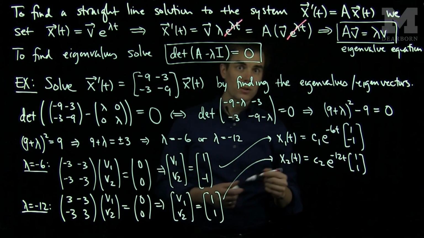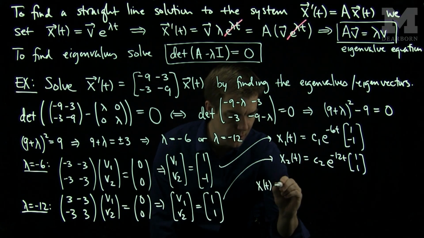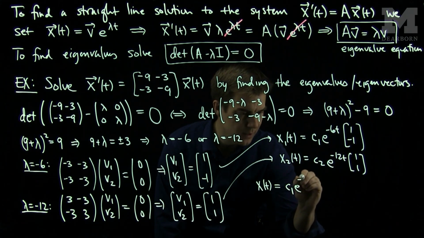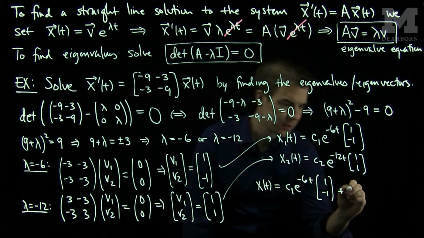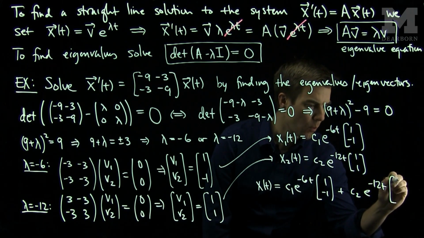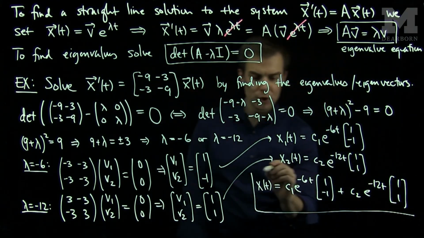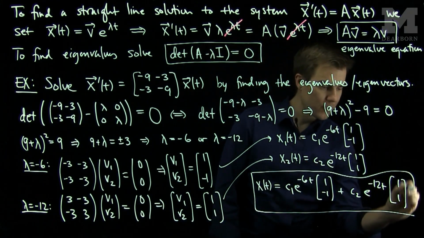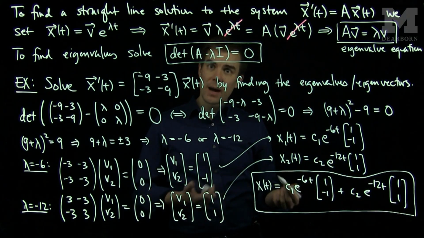And to find the general solution, we just add these solutions together. So the general solution to our problem, x of t, will be c1 e to the negative 6t, 1, negative 1, plus c2 e to the negative 12t, 1, 1. So by using this eigenvalue method, I was able to find two straight line solutions to my problem.